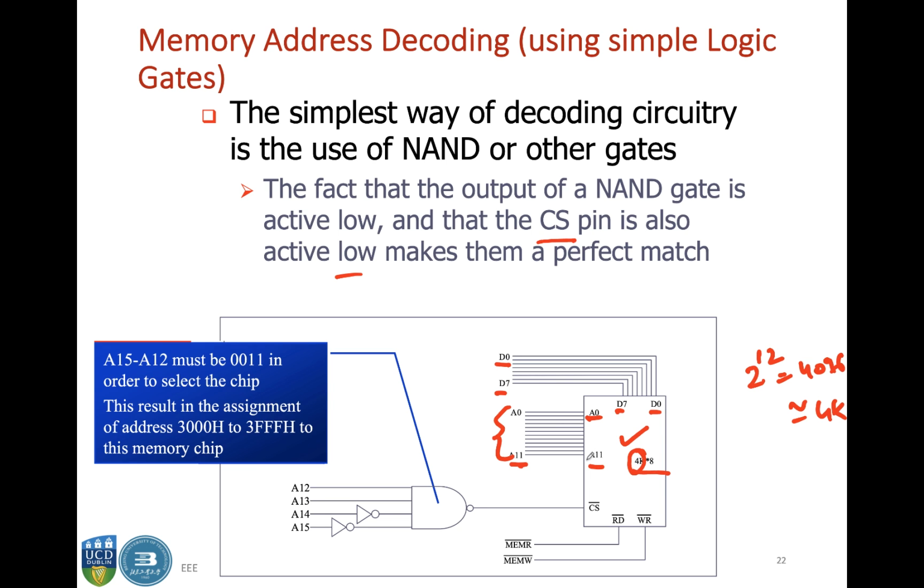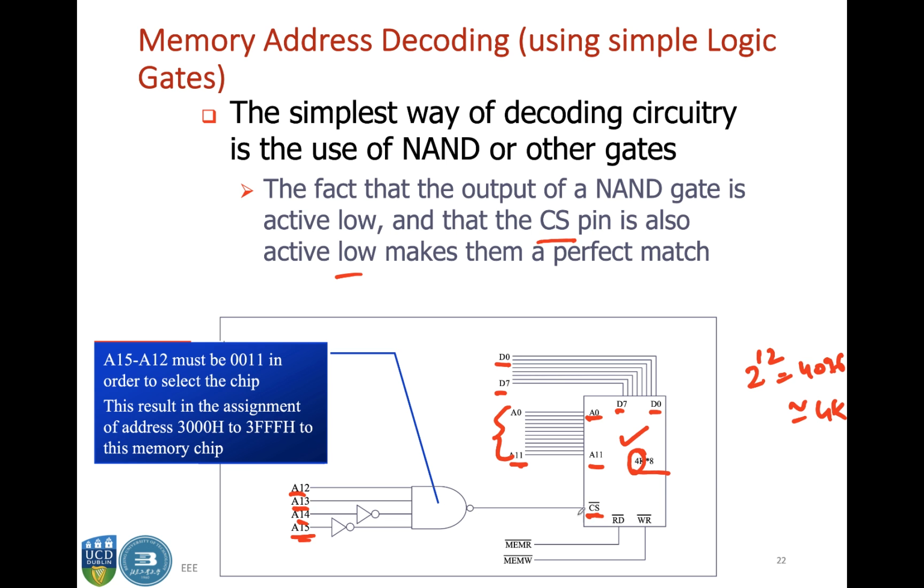Now what will be happening with A12 to A15? These 4 address lines of the microcontroller go through this decoding circuitry, which is implemented using this NAND logic circuit, and the output goes to the chip select.